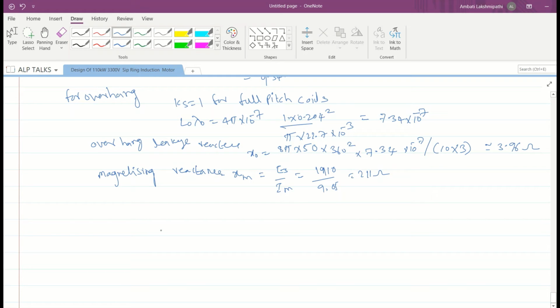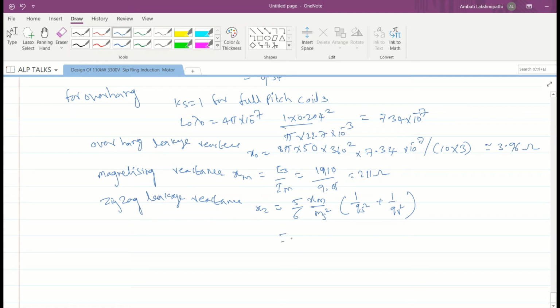Now the zigzag leakage reactance is another figure we have to calculate. This zigzag leakage reactance, small xz, is nothing but 5 by 6 into Xm by, we have some basic formula, so let's use this formula so that we can calculate all the parameters.